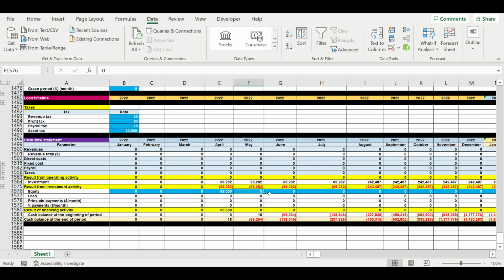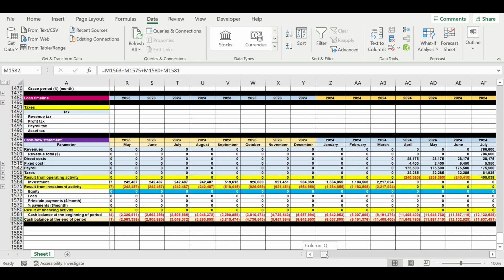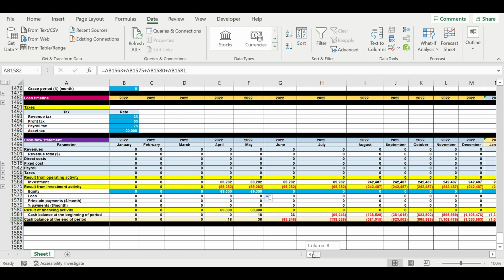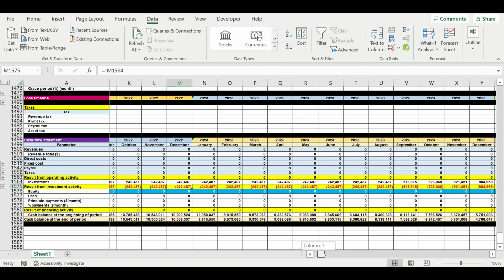The same exercise here. Or we can, for example, look at the maximum value here. For example, before the operating activity starts, it is 11,408. So we are taking this money out of pocket, spending them on this, during the investment stage.